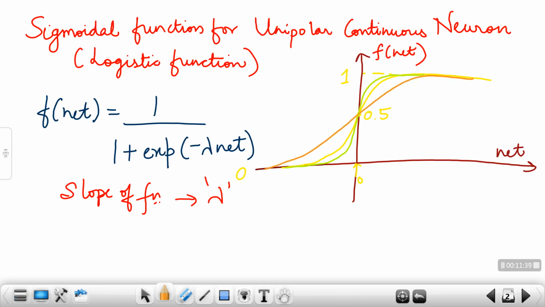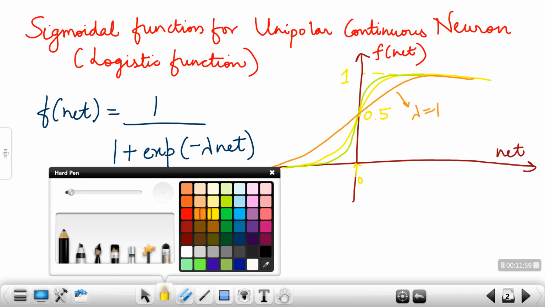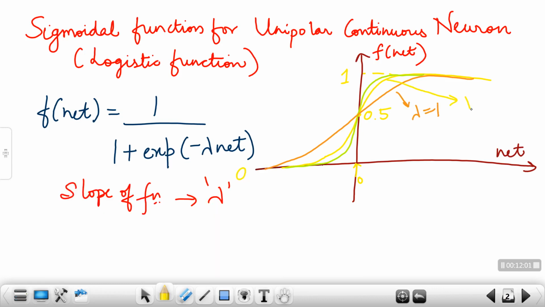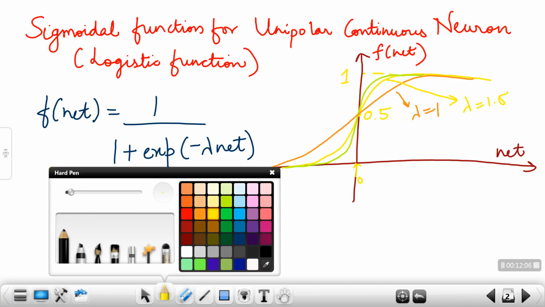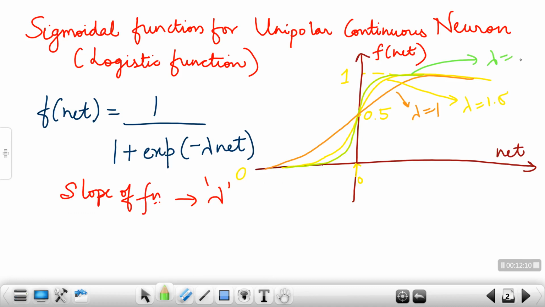I have drawn the S-shaped logistic function for 3 different values of lambda. In the first case lambda is equal to 1, in the second case lambda is equal to 1.5, and in the third case, the green one, lambda is 2.